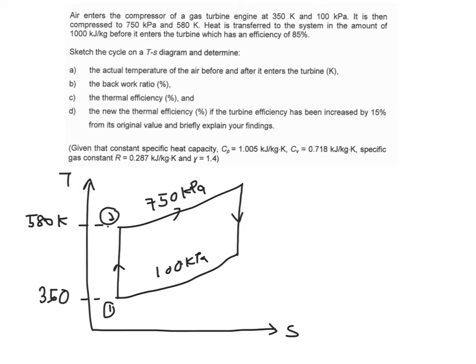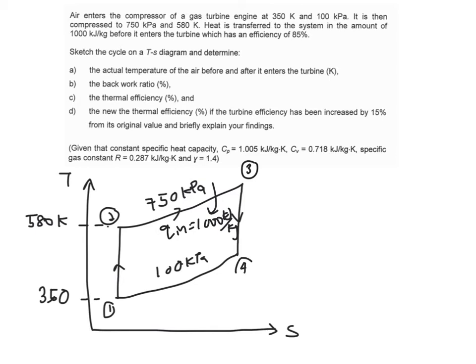So this is the process of heat addition at constant pressure. So given to you your Q in. Your Q in is equal to 1000 kilojoule per kg. And this is your state 3.